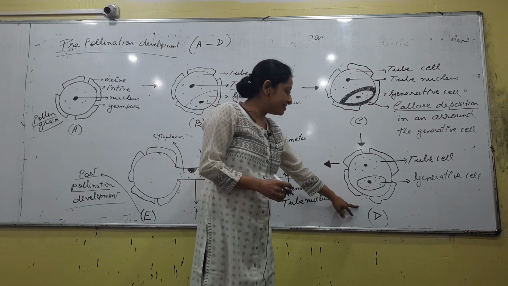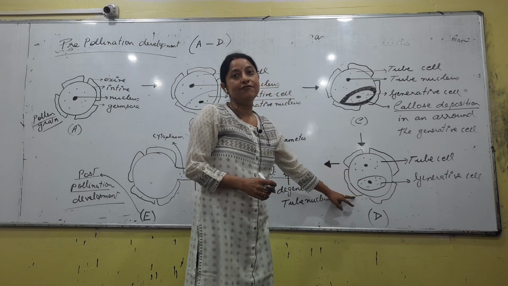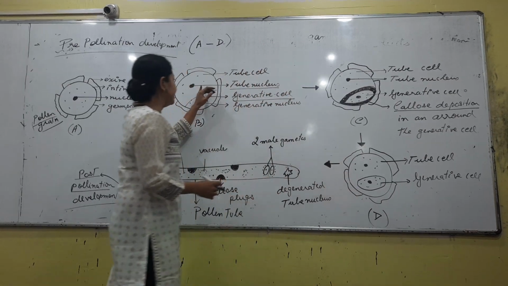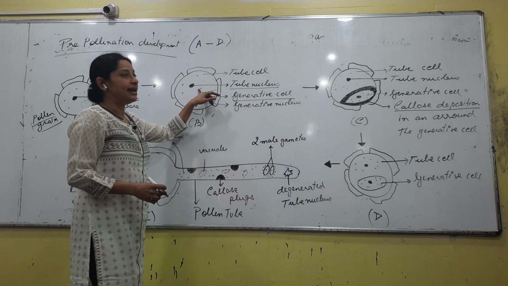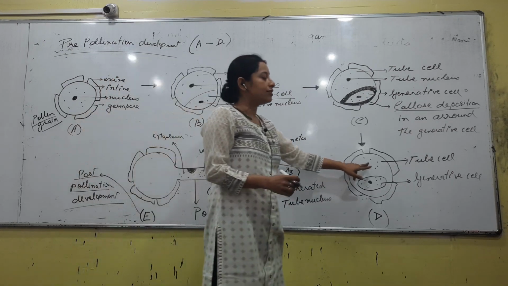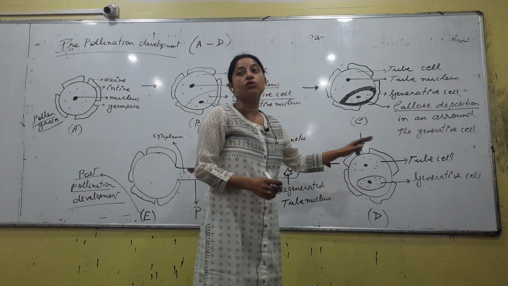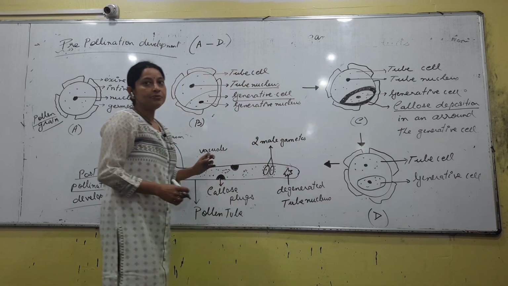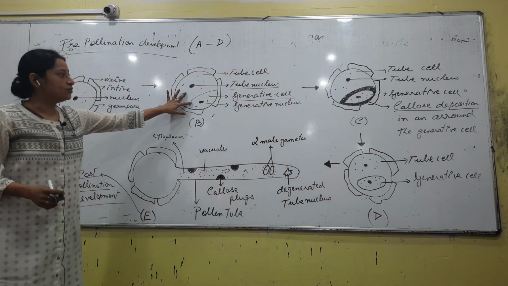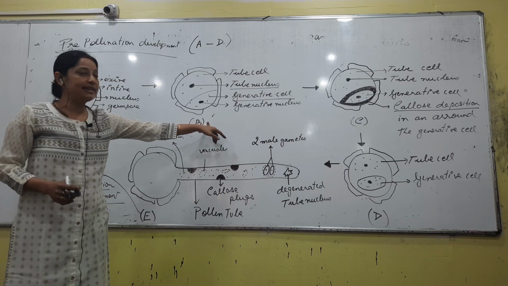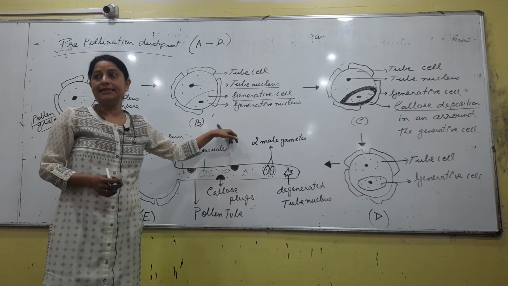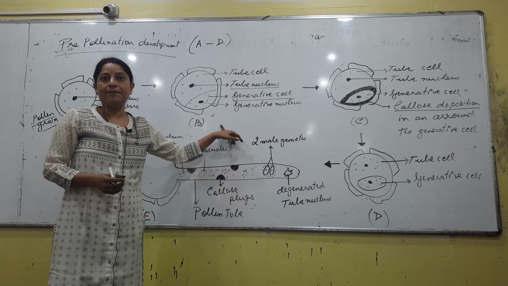So ultimately in this diagram, I think you can see the difference. In this diagram also you see the tube cell and the generative cell, in this diagram also you see the tube cell and the generative cell, but what is the difference? Key difference. Here there are two cells, there also two. If you are comparing diagram number B and diagram number D, what is the difference?